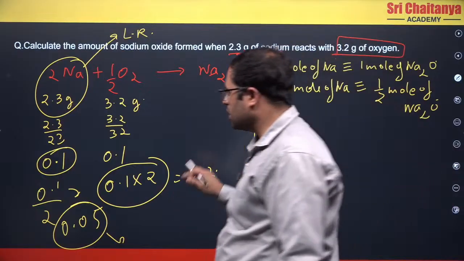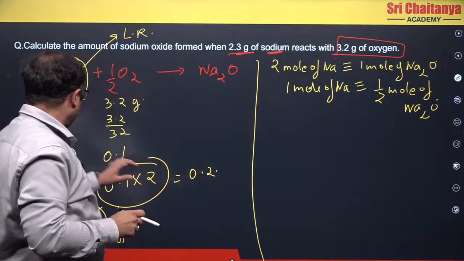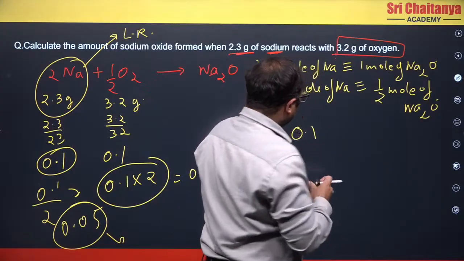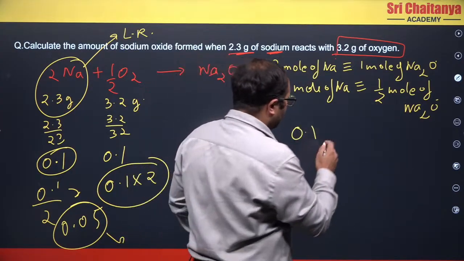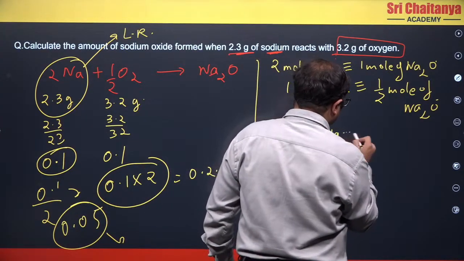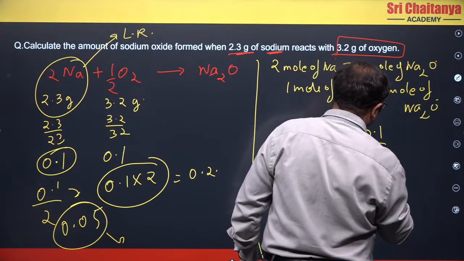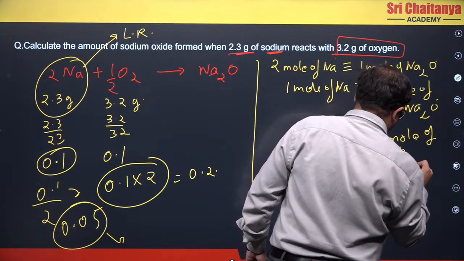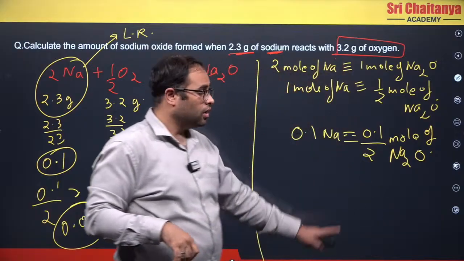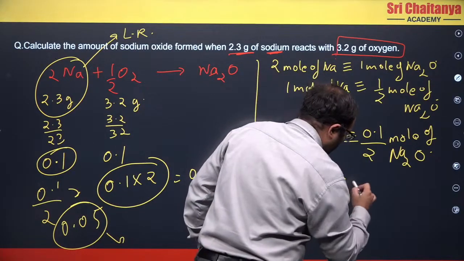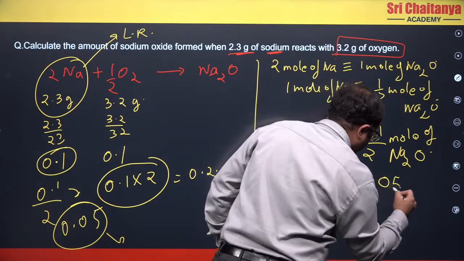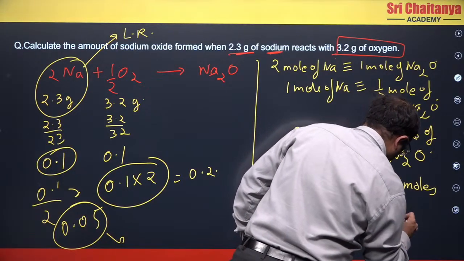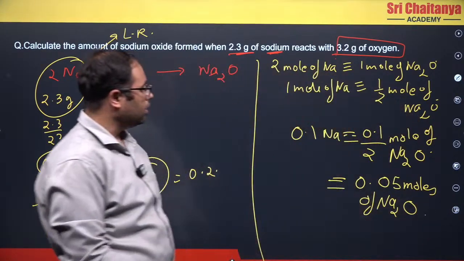This is clear. So now if I have 0.1 moles of sodium, multiply both sides by 0.1, moles of Na2O, right? So from here you will get 0.05 moles of Na2O.